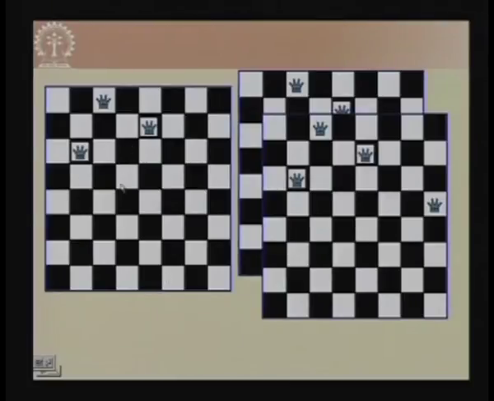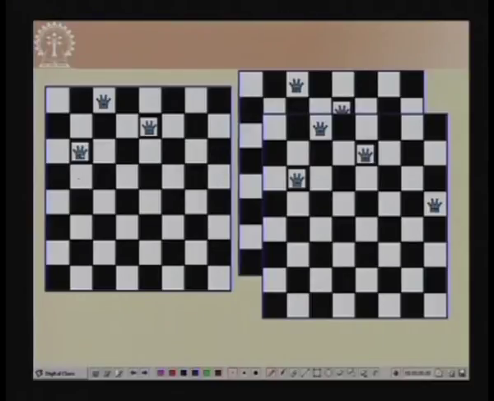Suppose for k equal to 3, this is a possible starting configuration. Let us see in this configuration what are the positions in which we can keep the queen. We cannot keep the queen here because it will be attacked.